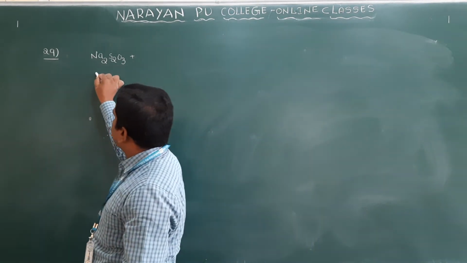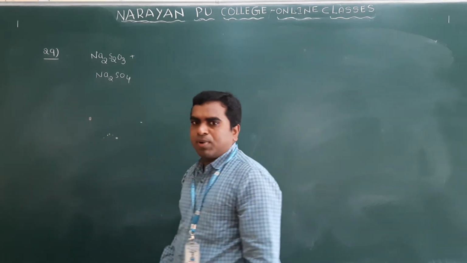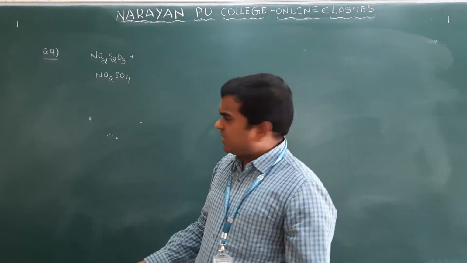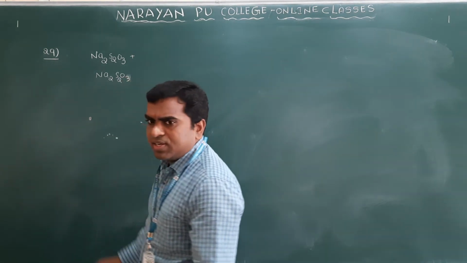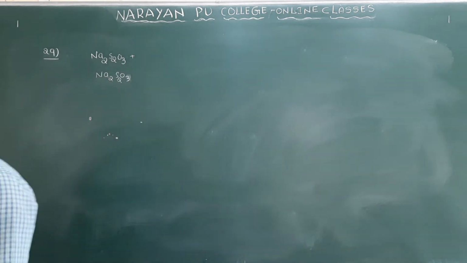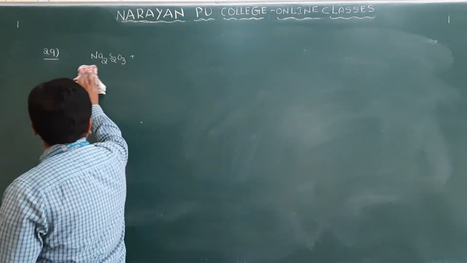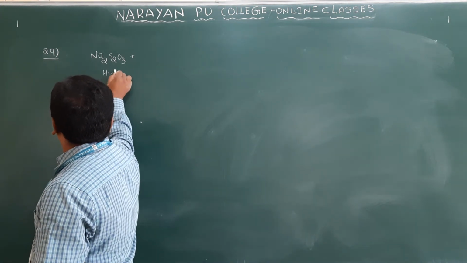Sodium sulfate, what is the formula? Na2SO4 is the sodium sulfate formula. Sodium thiosulfate, thio means what? Instead of one oxygen, you put one sulfur. That is Na2S2O3, sodium thiosulfate. Clear? That we will call hypo.